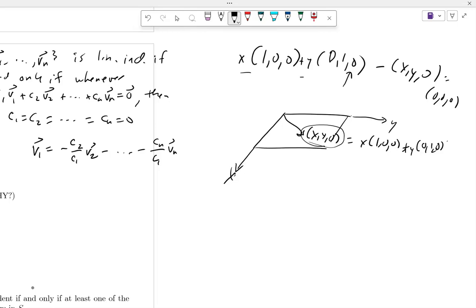So it's not giving me anything new, because I could already write this vector in terms of the other two. So I don't need to throw it in my set as something extra. It'll make more sense when we start talking about generating spaces from a finite set of vectors.